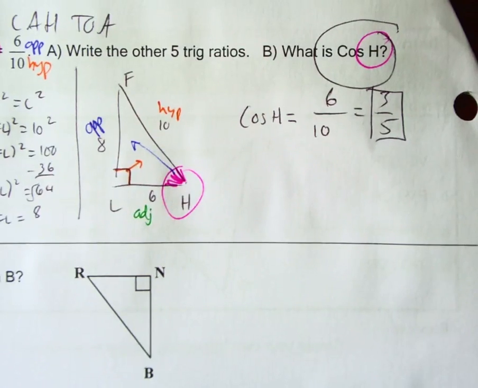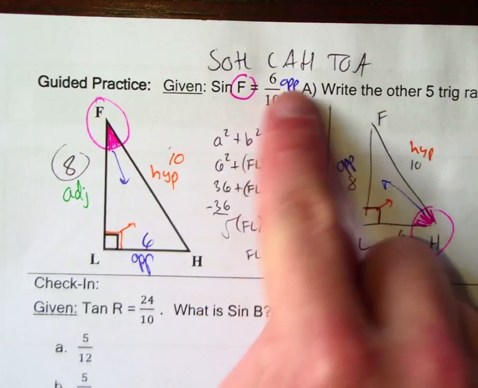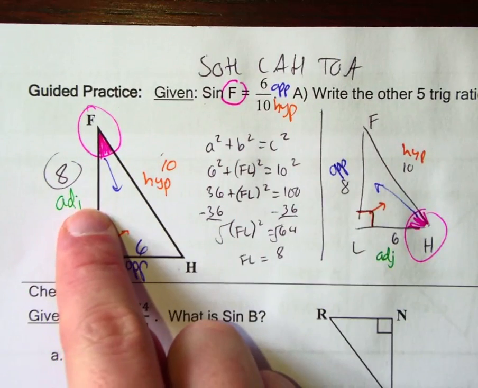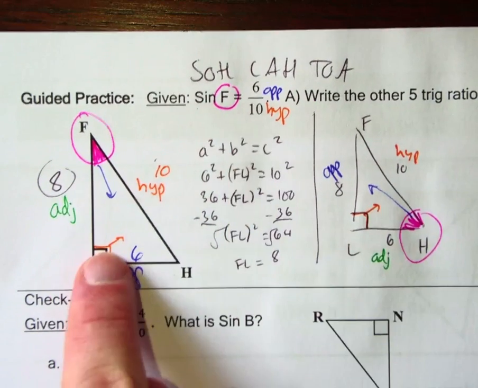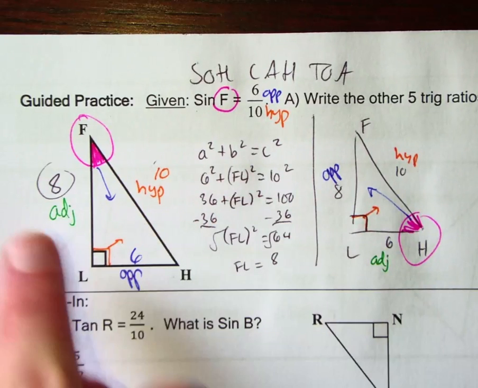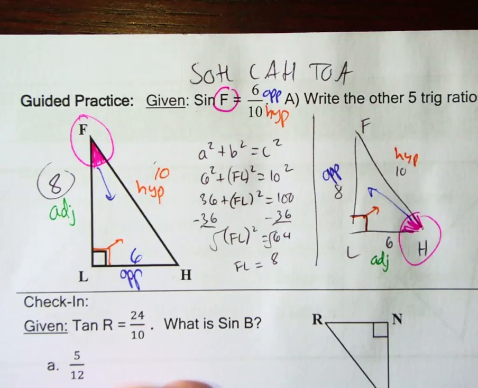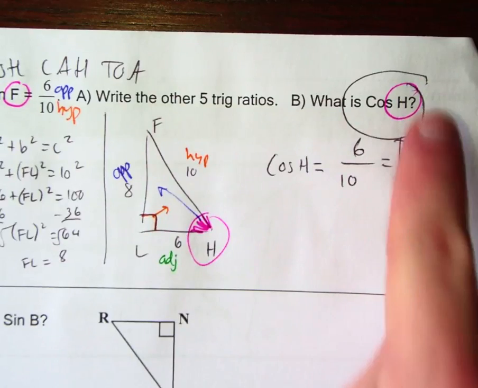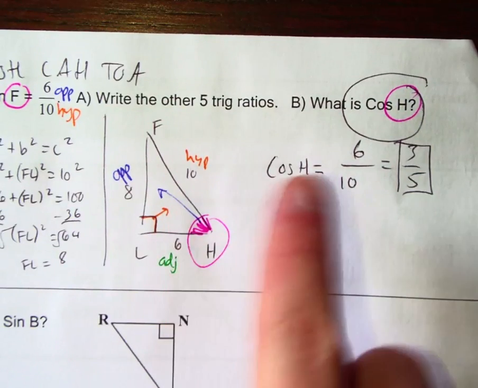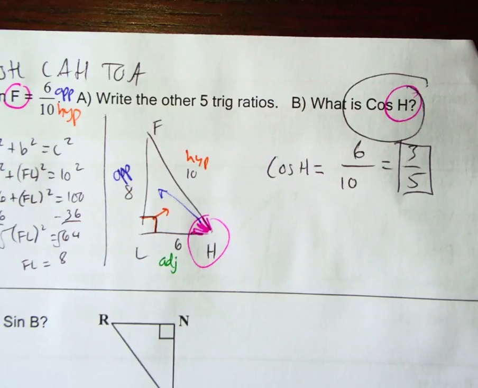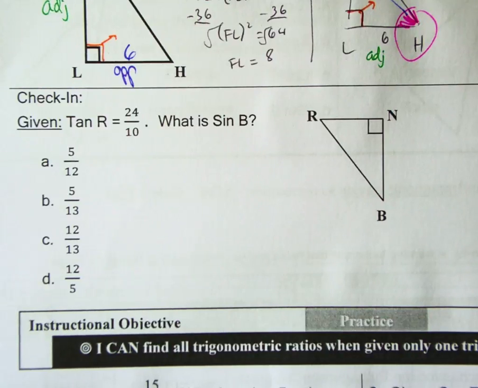So in summary, we took a bunch of given information, put it on our right triangle using trigonometry ratios, used Pythagorean theorem to find the missing side of the right triangle, because we only had 2 to start, not all 3, and then answered the follow-up question, now that we had all three sides, to name another trig ratio. You can go ahead and hit pause and try this mini quiz on your own.